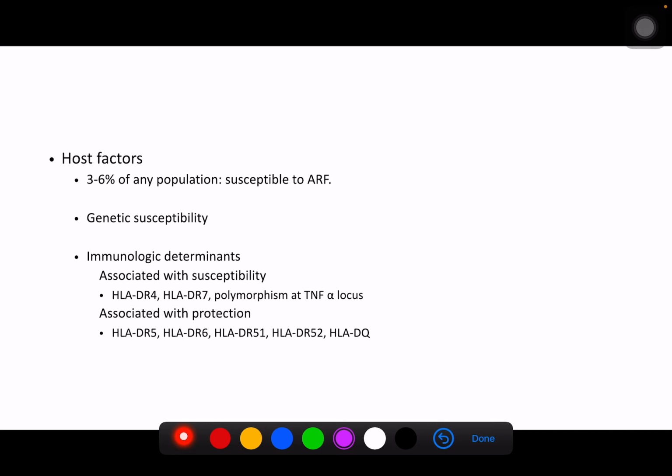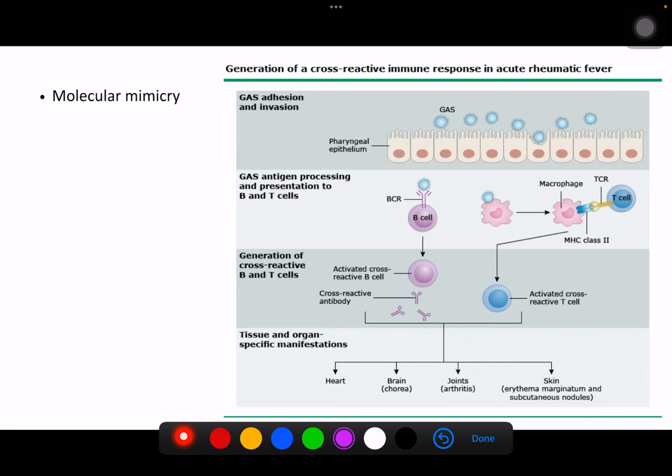Why these HLA genes? Remember, whenever we talk about an autoimmune process, whether that be type 1 diabetes or celiac disease, in celiac disease we have HLA-DQ2 and HLA-DQ8. Here also we have HLA-DQ, isn't it?